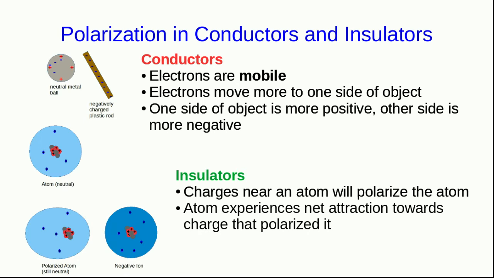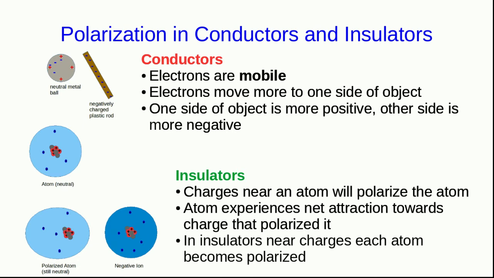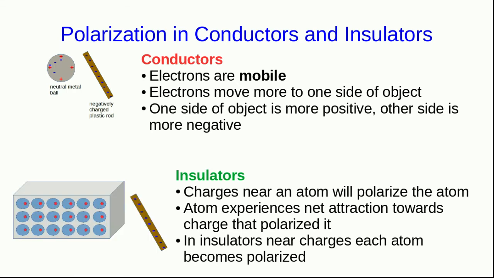It will experience a net attraction towards whatever charge it was that polarized it. When an insulating object is near a charged object, then each atom in the object becomes polarized, and each atom is then attracted to the object that polarized it, and so the insulator as a whole experiences an attractive force.